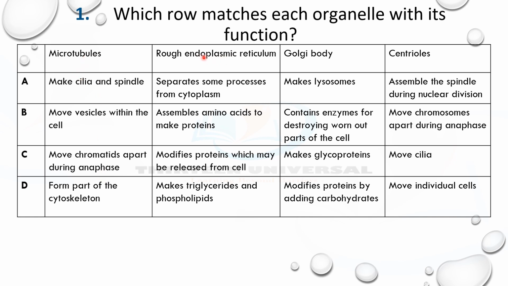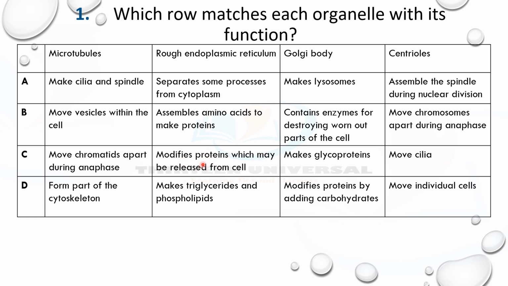Let's go to rough endoplasmic reticulum. It says separate some processes from cytoplasm. This is wrong, so we eliminate A because this is not part of the work of the endoplasmic reticulum. Assembles amino acids to make protein: this can happen in rough endoplasmic reticulum because of the presence of ribosomes. Then C, modifies proteins which may be released.